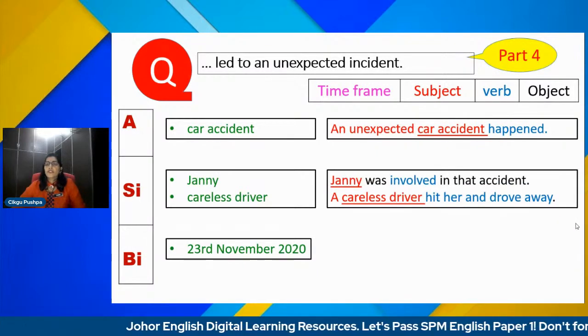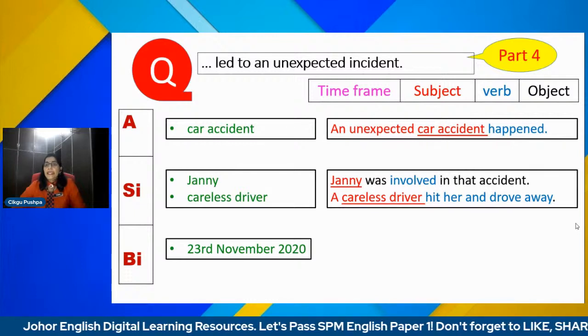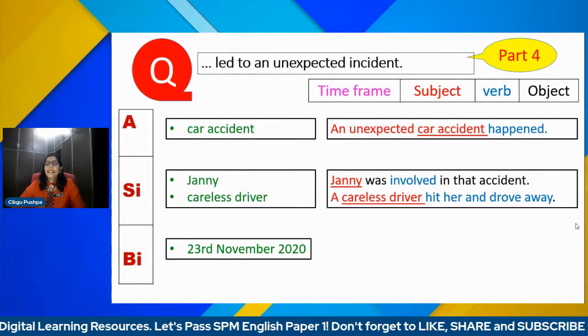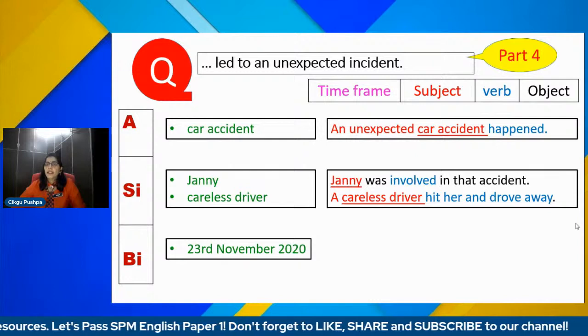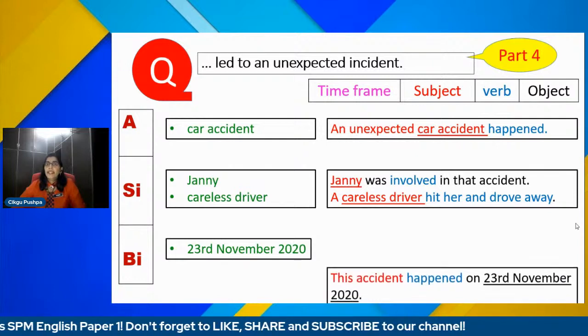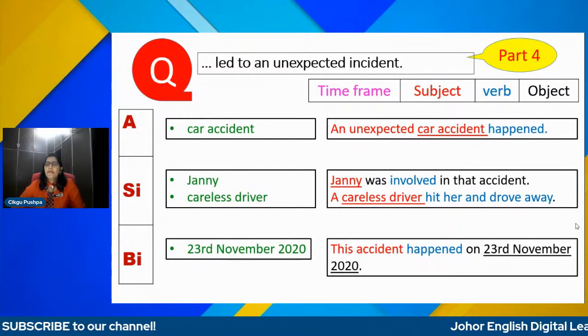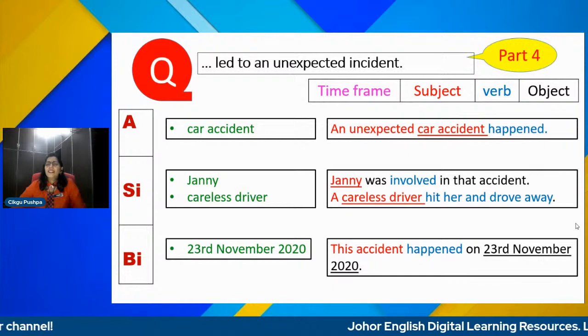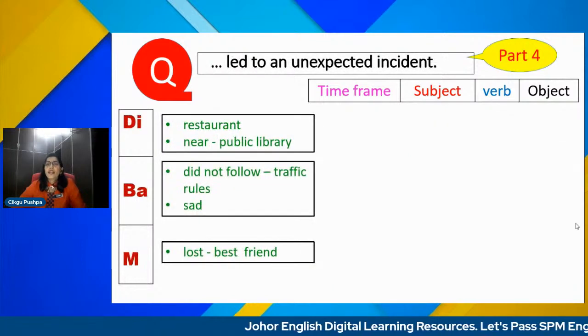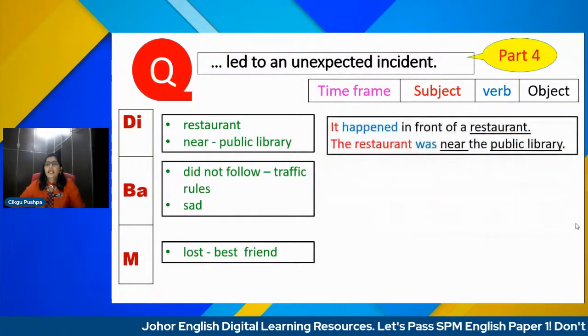Who was involved? Jenny. Who hit her? A careless driver hit her and drove away. Just make it simple. Okay? Right. The next one. This accident happened on 23rd November 2020. Simple, but you are telling the story. You are describing the event. All right? Now, the next one.